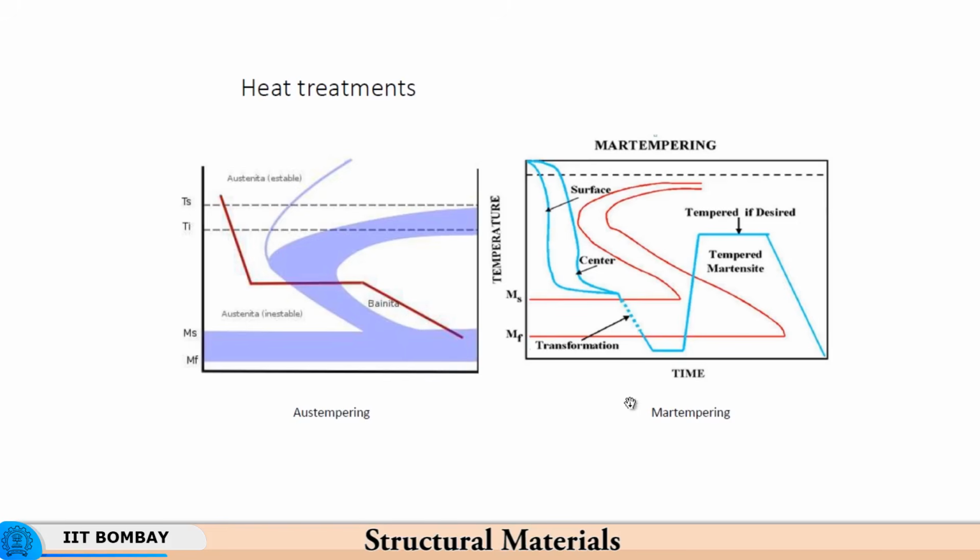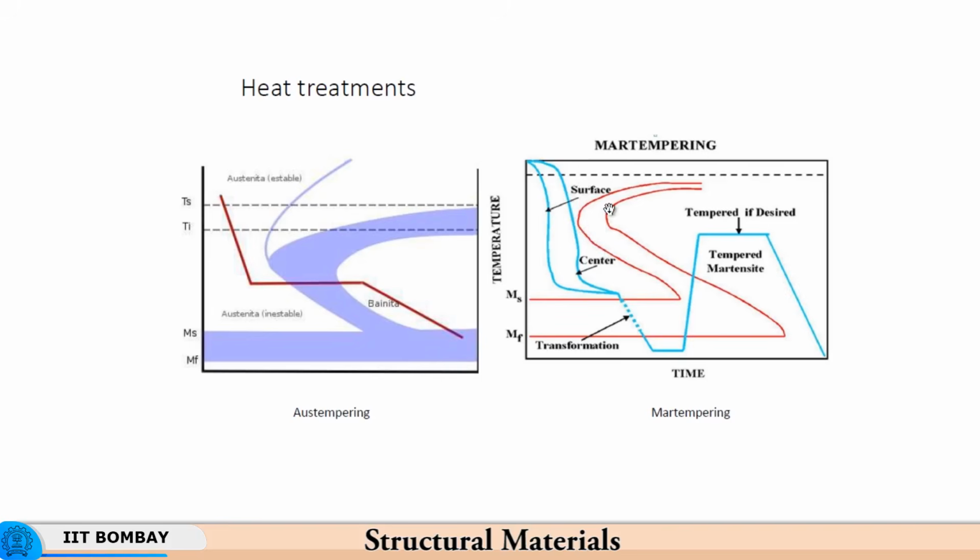Residual stresses are reduced. Here martempering is something where you achieve martensite and then you try to get tempered martensite. So what we do is that we miss the nose of the temperature time transformation curve deliberately, and then we make sure that both at the surface as well as center of the workpiece the nose does not in any way come into play.